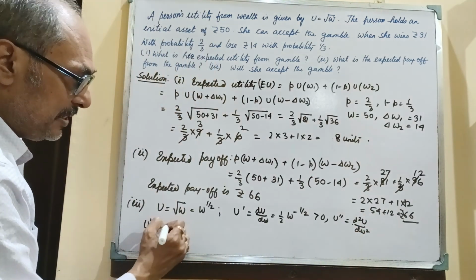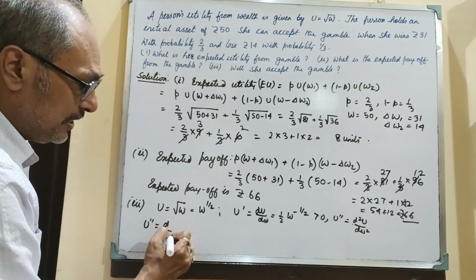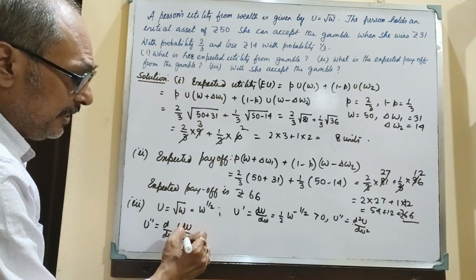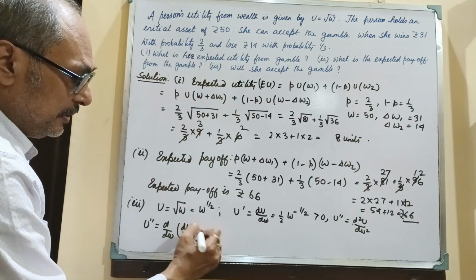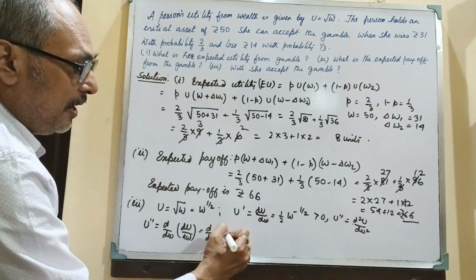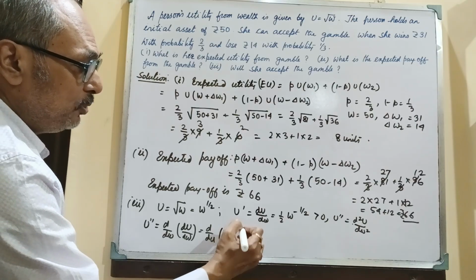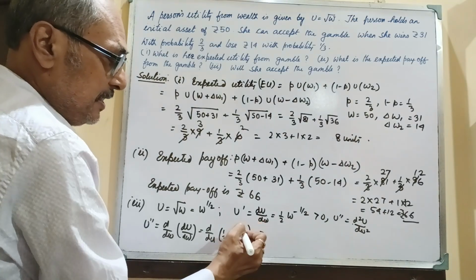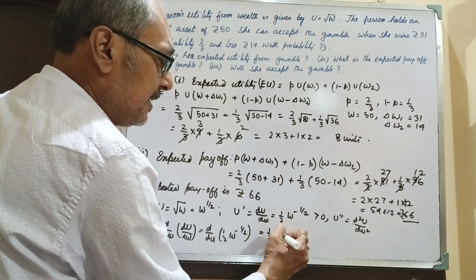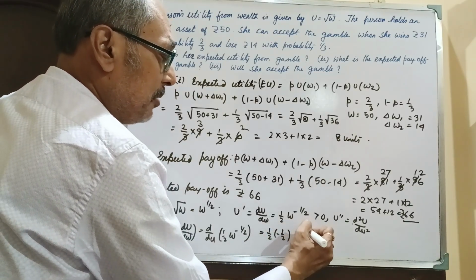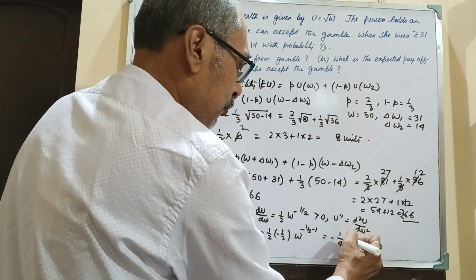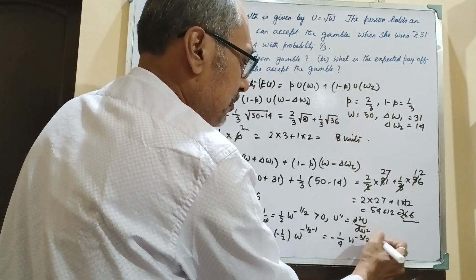U double prime is d2u by dw square, the second order derivative. This is d of half w to the power minus half. Half into minus half, w to the power minus half minus 1, that is minus 1 by 4 w to the power minus 3 by 2.